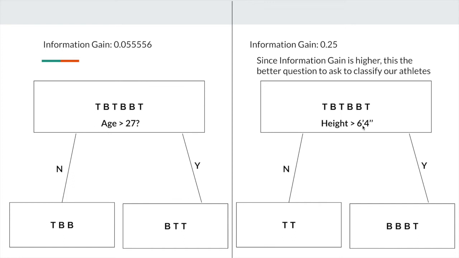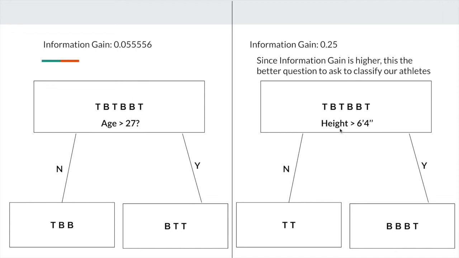But usually, let's say we have the characteristics age and height, and then we have different values for age and height for each of these different players. So we would try out all of these questions, like we would try out age is greater than, and here we would replace it with 6 different values for each of the 6 ages of the people here.